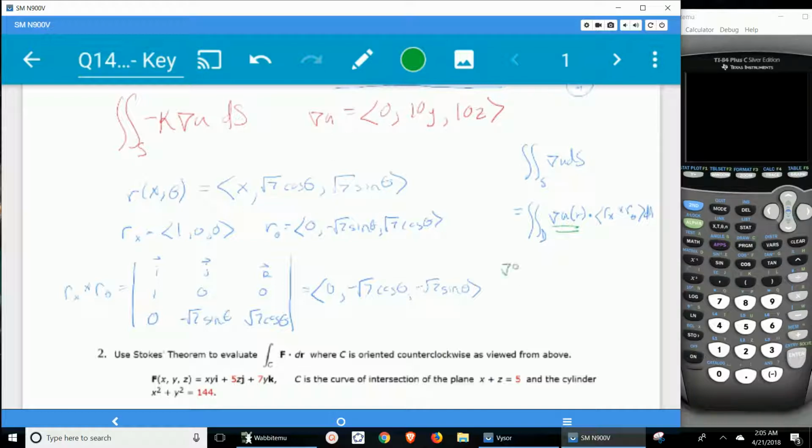So the gradient of U of R is just 0 there, but 10 times the Y component, so that would be 10 times 7 cosine theta, and then 10 times 7 sine theta.